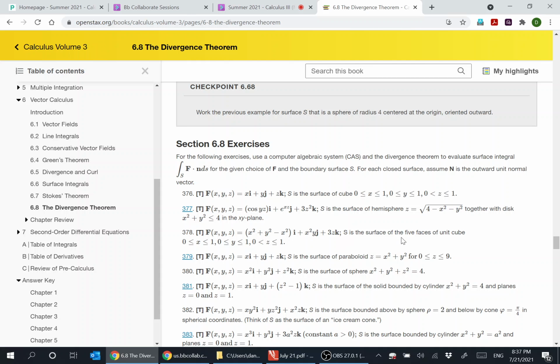S is the surface of the 5 faces of the unit cube. Why just 5? For the following exercises, use a computer algebra system and the divergence theorem to evaluate. Right, so probably on the bottom face, it's 0 or something like that. So let's check it out. So 378.